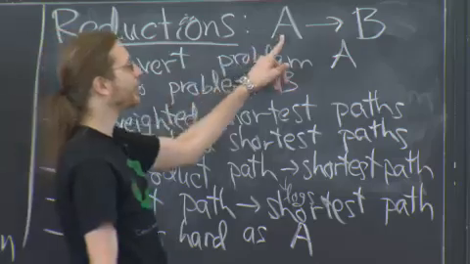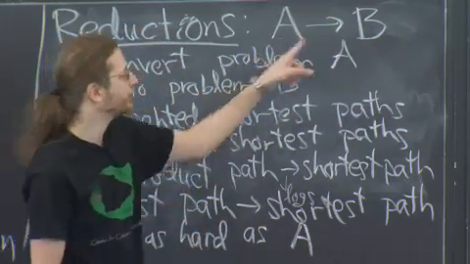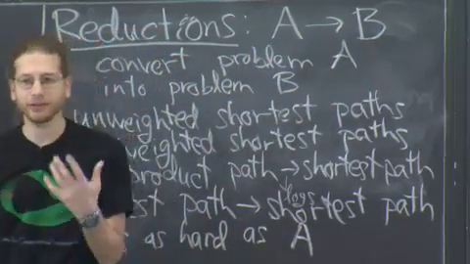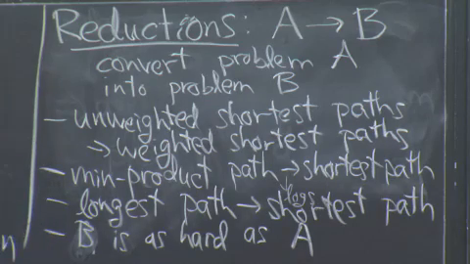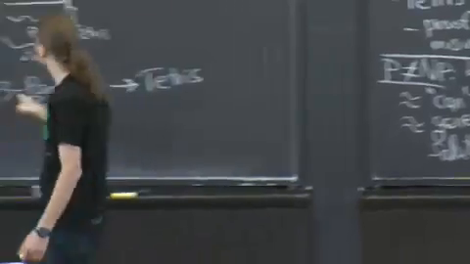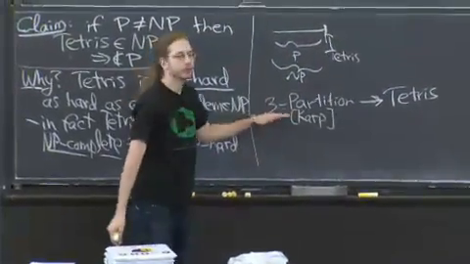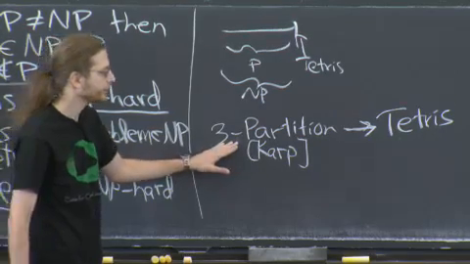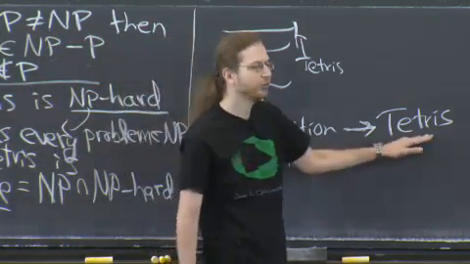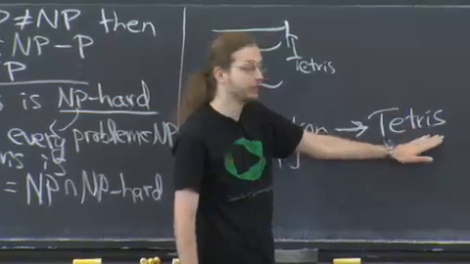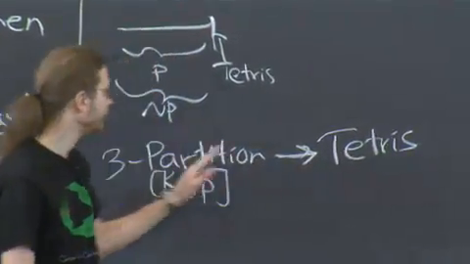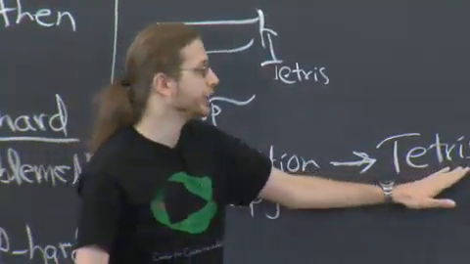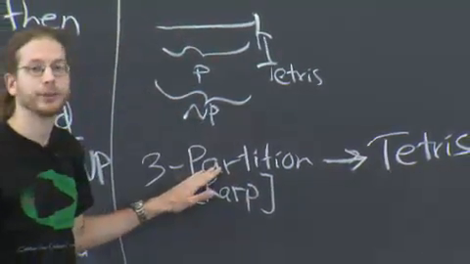Because I can solve A by solving B. I just apply this reduction and then solve B. So if I had some good way to solve B, it would turn into a good way to solve A. Now, 3-partition, which is A here, we're pretty sure there's no good algorithm for solving this. Pretty sure it's not in P. And so Tetris better not be in P either, because if Tetris were in P, then we could just take our 3-partition, reduce it to Tetris, and then 3-partition would be in P.